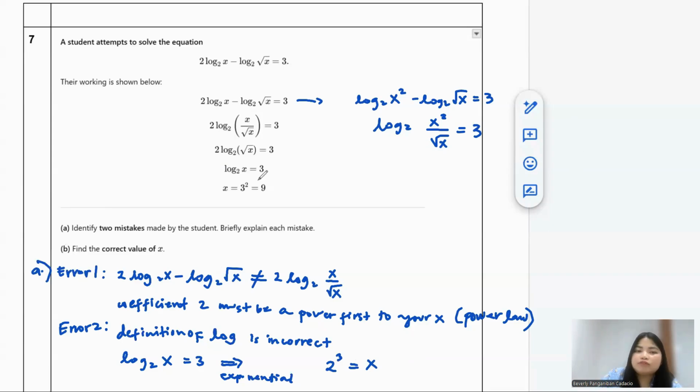Now, let's move on to letter B. Correct value of x. So I want you to answer it differently now, in your own understanding and the correct form. So I will just continue on this right side and then solve this one. So once again, I have something like this and I want to simplify my x.